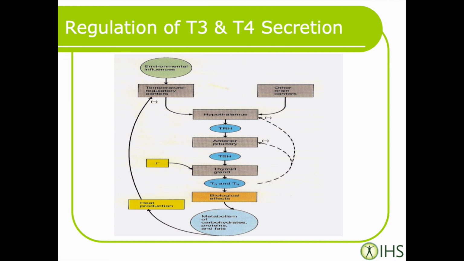This will, for example, lead to heat production. So heat is increased, and this switches off centers in the brain that are telling you that you're cold, and that tells the hypothalamus to stop producing TRH. When you have a certain amount of T4 and T3 in the blood, it can also have a negative feedback on the release of TRH and TSH.